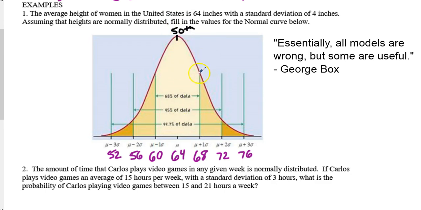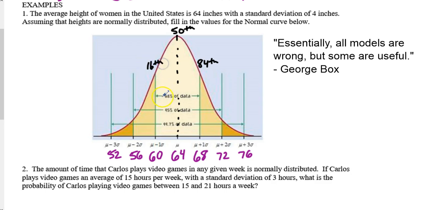Okay? And if we just kind of split this down here, and we say, okay, this whole kind of cream-colored area is 68%. Well, therefore, half of it's got to be 34%. Hopefully that makes sense to you, right? So if I add on 34, I'm at the 84th percentile. And if I take away 34, I'm at the 16th percentile.